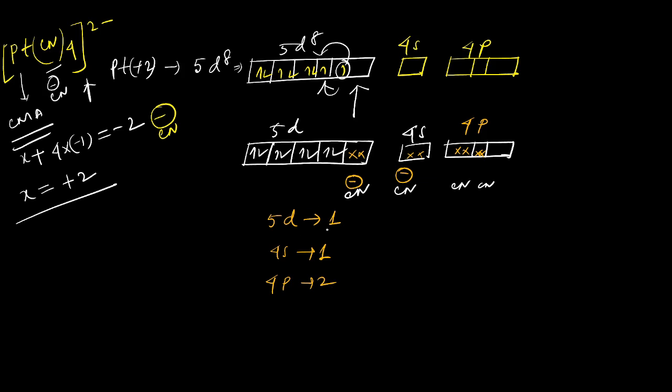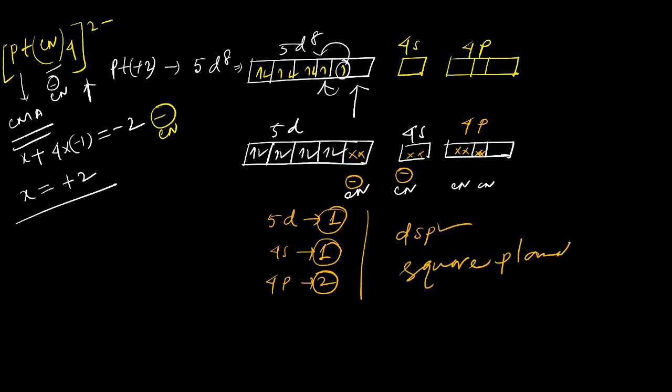So for bonding, one 5d orbital, one 4s orbital and two 4p orbitals have been used. So the hybridization becomes dsp2. As the central metal atom is dsp2 hybridized, the complex becomes square planar. Its geometry becomes square planar, and it looks like this.